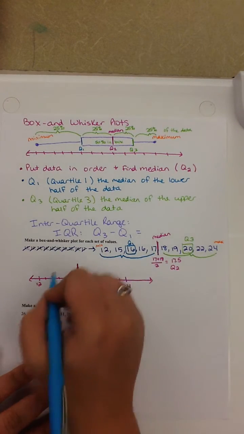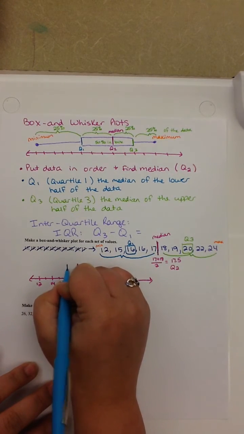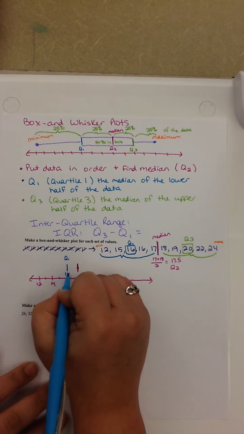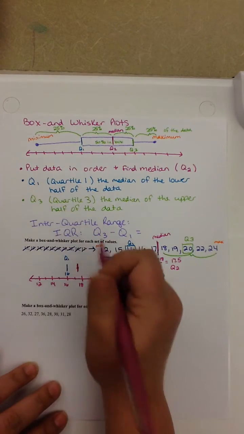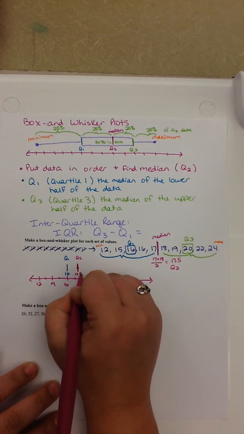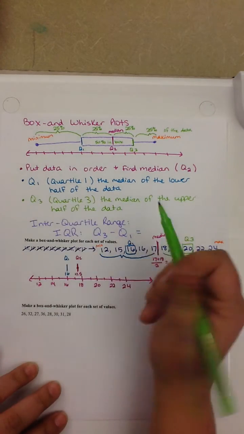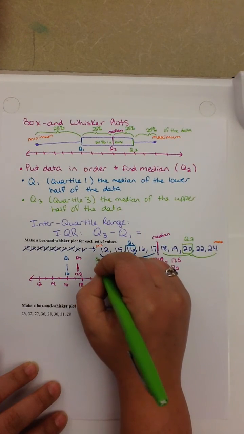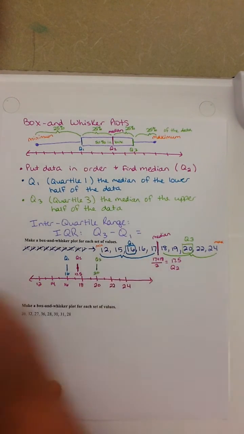Sorry. Q1 is at 16. There's Q1 at 16. And I want to label these with their numbers. Q2 is at 17.5. And Q3 is 20.